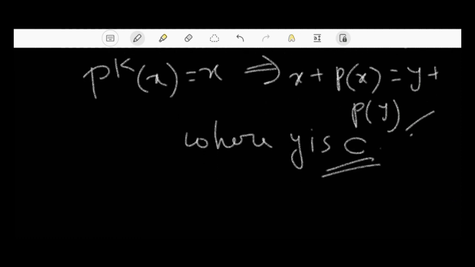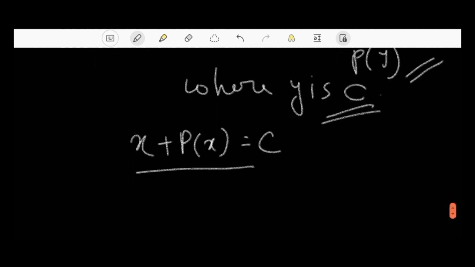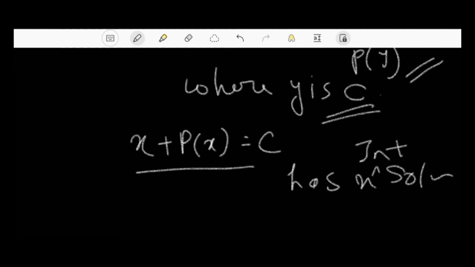So we can simply rewrite this equation as x plus P(x) equals c, some constant, and it has at most n integer solutions. Since we know that polynomial P has degree n, this expression must have at most n integer solutions.